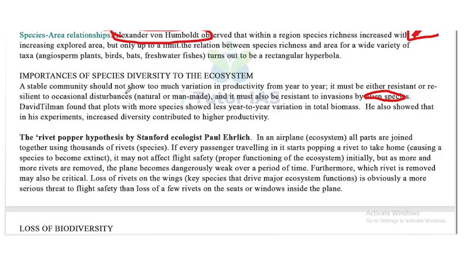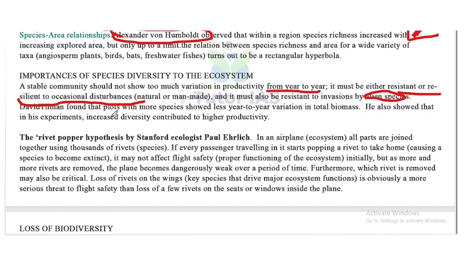A stable community should not show too much variation in productivity from year to year, it is either resistant or resilient to occasional disturbances, which can be natural or man-made, and it must also be resistant to invasion by alien species.